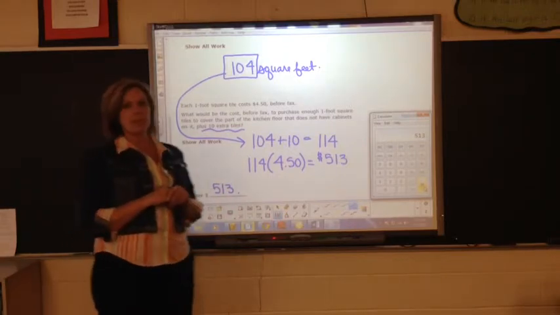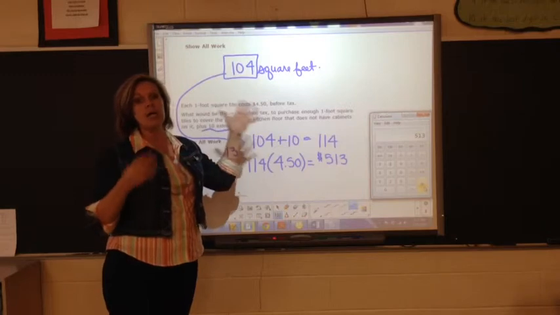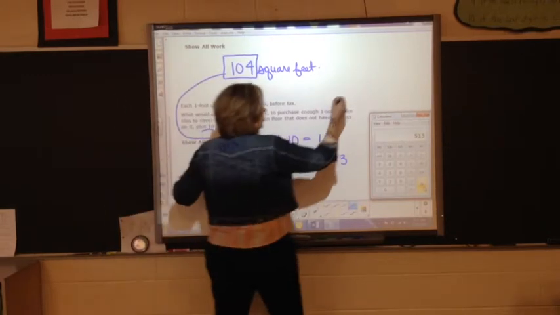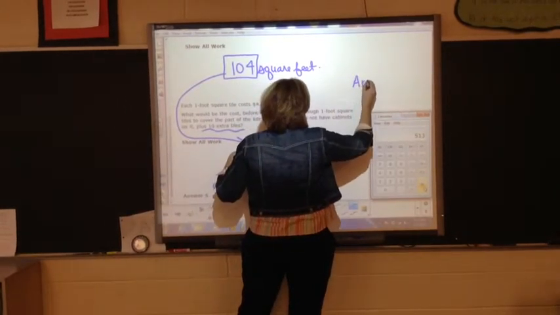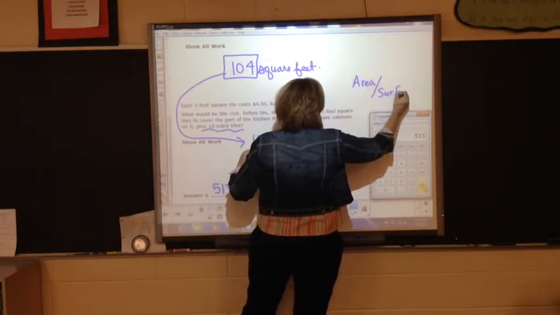Okay? All right, so this whole setup was on area, or surface area. So I'm going to very quickly go back to my reference sheet.